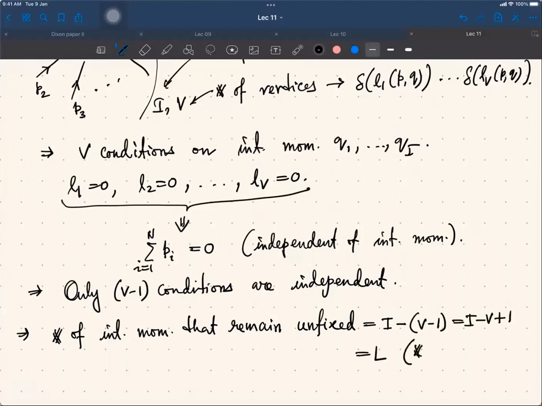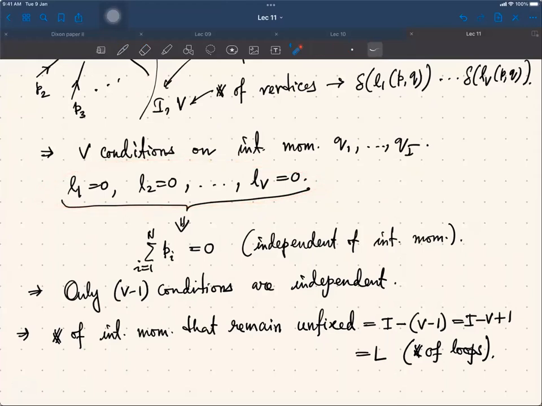L is the number of loops, because we know from the Feynman rules that we have seen that all these delta functions will actually fix the internal momenta q's in terms of the external momenta p's, but all of them cannot be fixed. Since every internal momentum in this current version of Feynman rules is integrated over, only the internal momenta that will not be fixed by these equations will remain unfixed, and they will be integrated over.